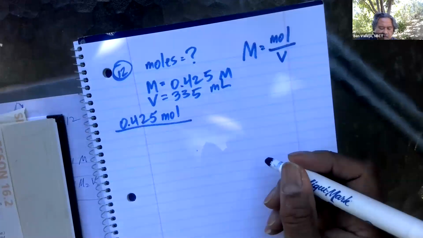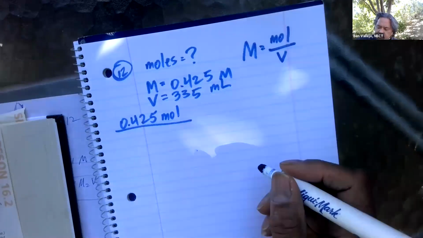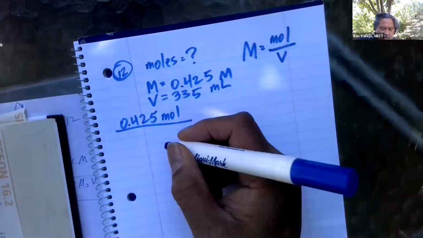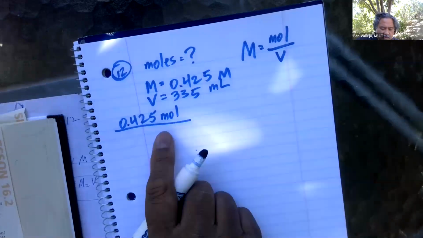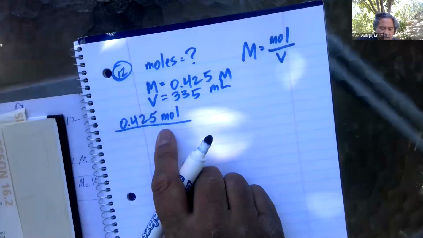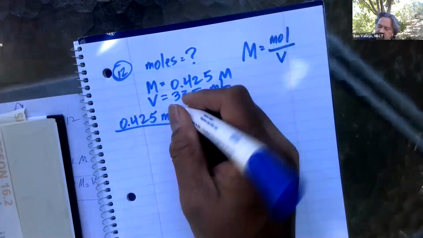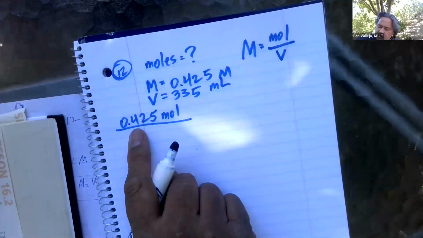And we have 335 milliliters, but let's see. Moles of ammonium nitrate are in 335 milliliters of 0.425 molar solution. They're giving us the molarity, which is 0.425 moles in 1 liter.